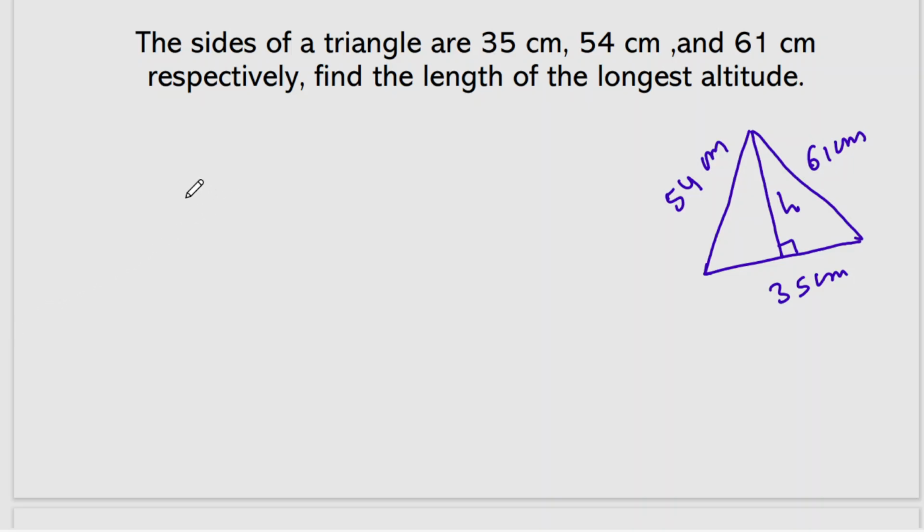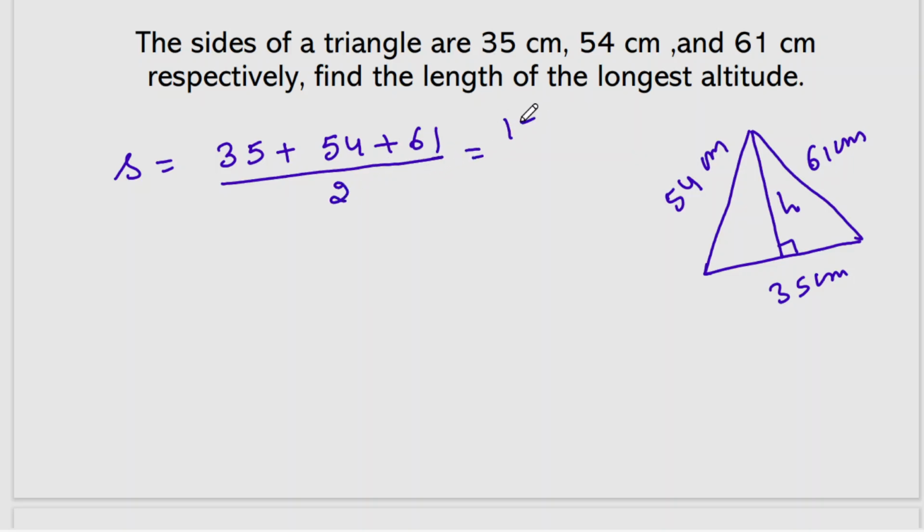Let us first find the semi-perimeter of the triangle. What is the semi-perimeter? Divide the perimeter by 2. So I'm finding the perimeter, and then I will divide it by 2. So I will get 150 divided by 2, that is equal to 75 centimeter. So S we have got as 75 centimeter.